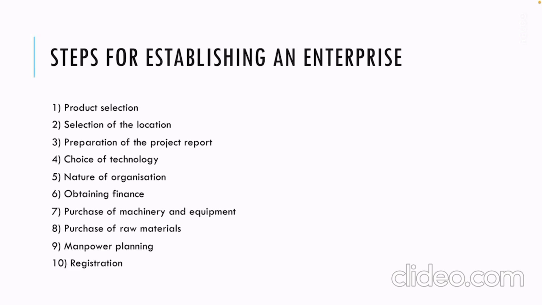And it has to evaluate the different types of employees required for the different structures of an organization. The last is registration. An enterprise has to register and obtain licenses and approvals from the government.